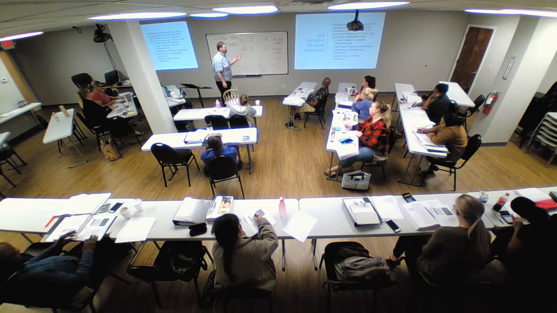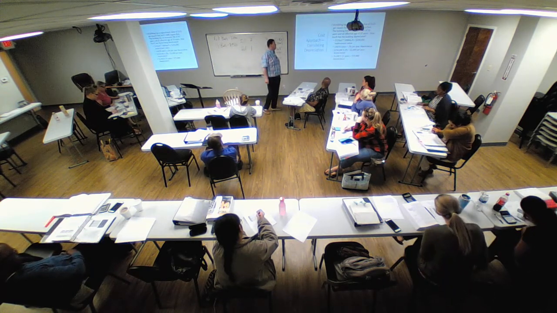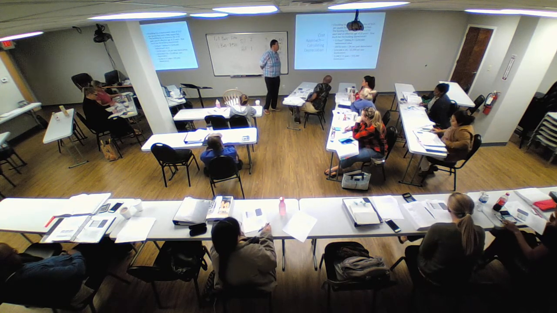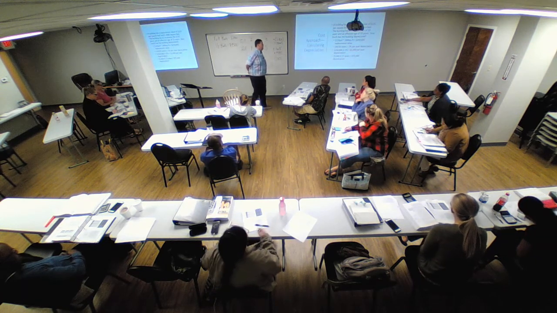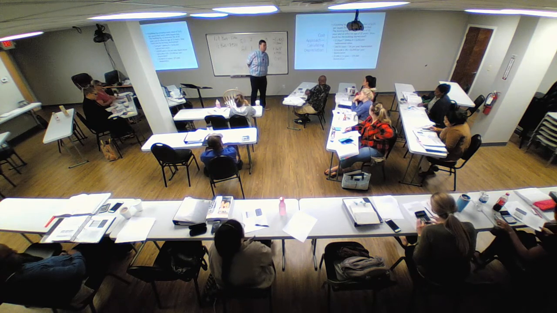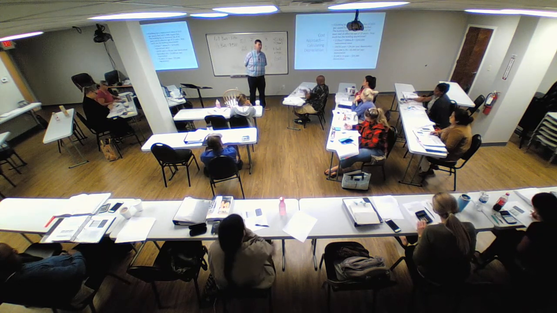It says a building has a replacement value of $125 per square foot and is 2,000 square feet. The building has an economic life of 50 years and an effective age of 15 years. How much has the building depreciated? Well, we need to know a starting point for the building first.